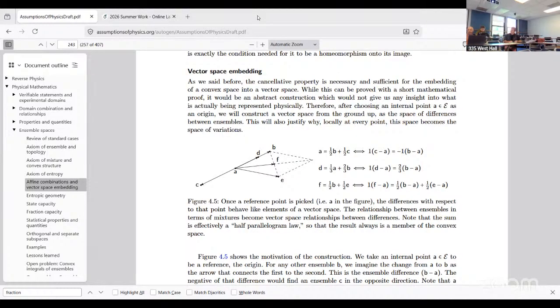Correct, but there is an invariant measure. The counting measure is invariant under permutation. Under permutations, yes, but not under translation. You can't really have a translation on the natural numbers. On the integers, you can have a translation. There you go.